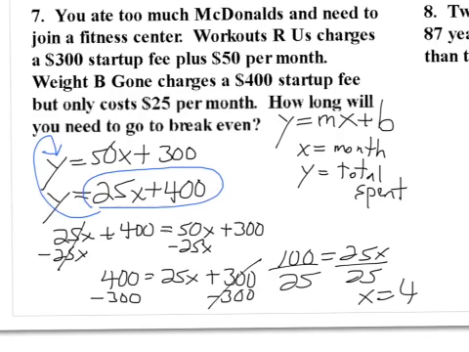What you need to do is read them carefully and slowly and reread them and ask yourself questions like, what is the fixed amount? Is there a fixed amount? What is the changing amount? What am I looking for so that I can define my variables?